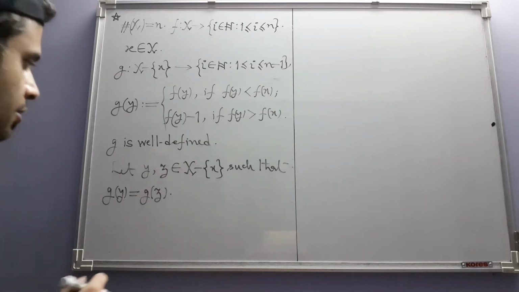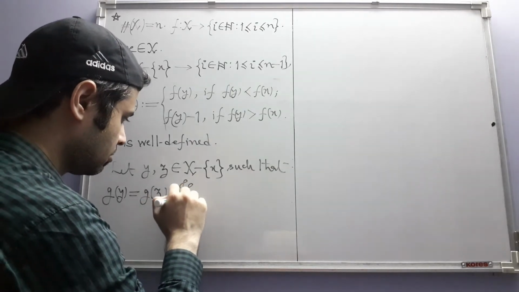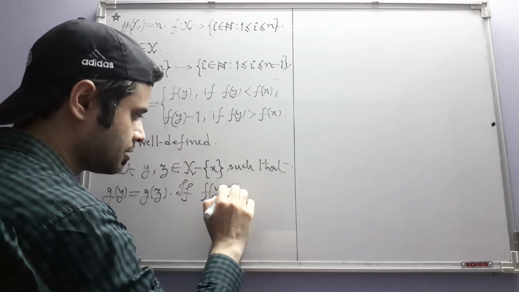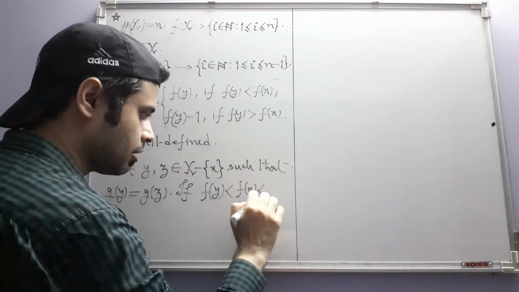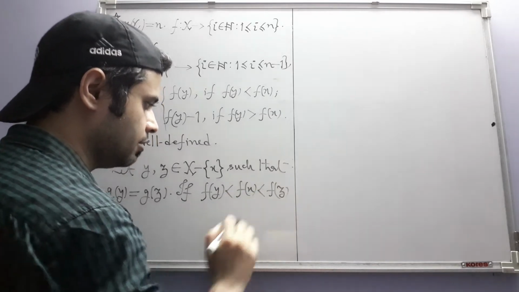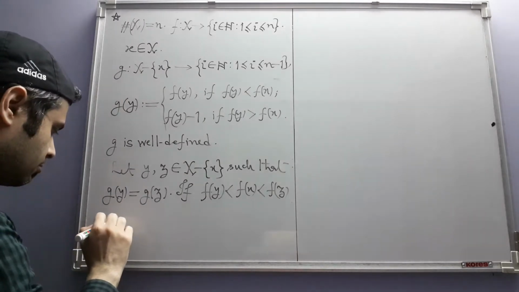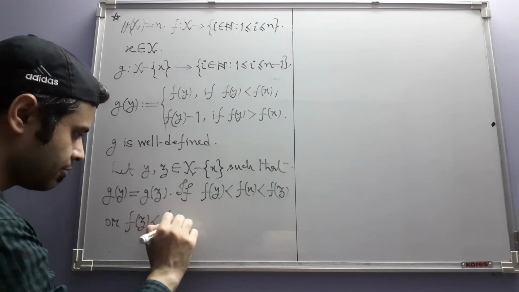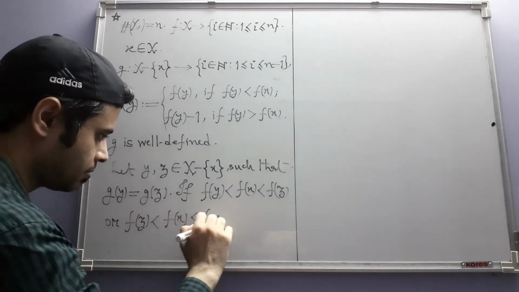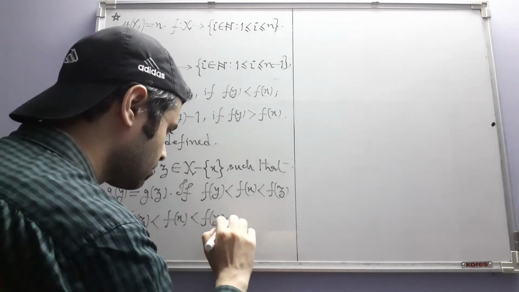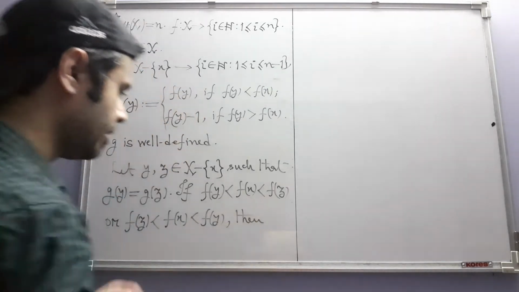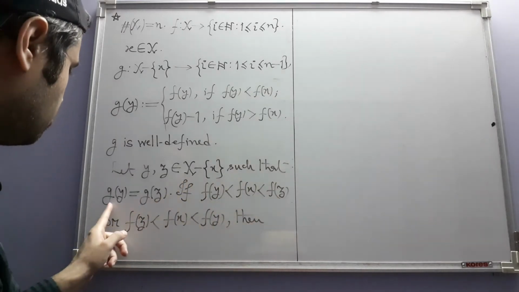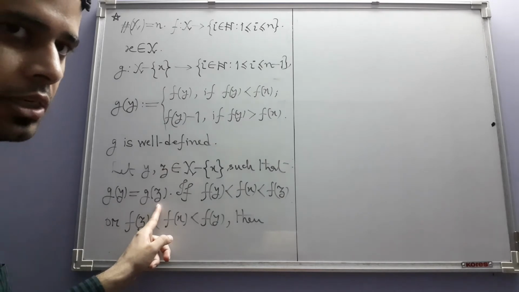Now, if it happens that f of y is less than f of x, but f of x is less than f of z, or f of z is less than f of x and f of x is less than f of y, then for the first set of inequalities, what does our assumption give us?